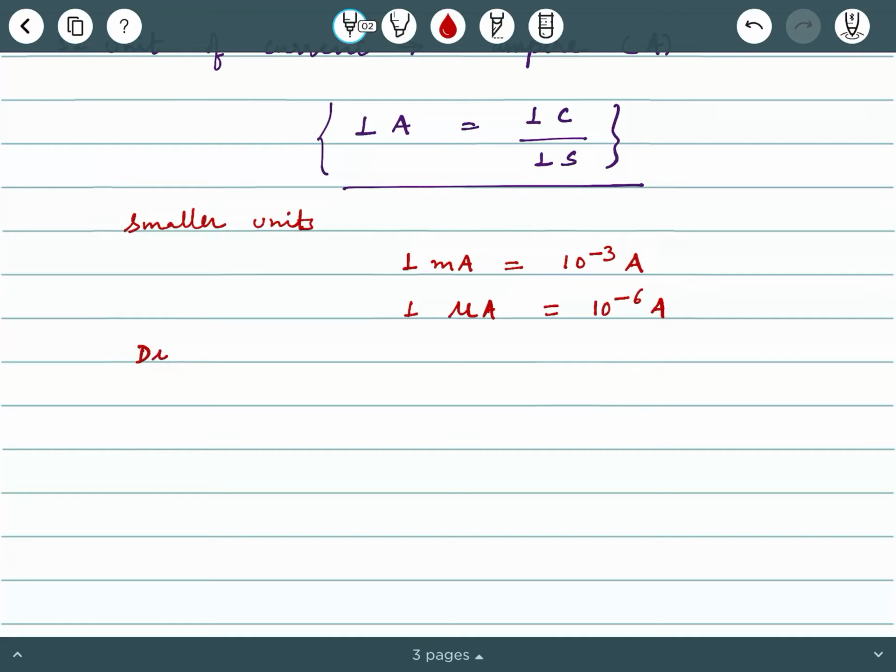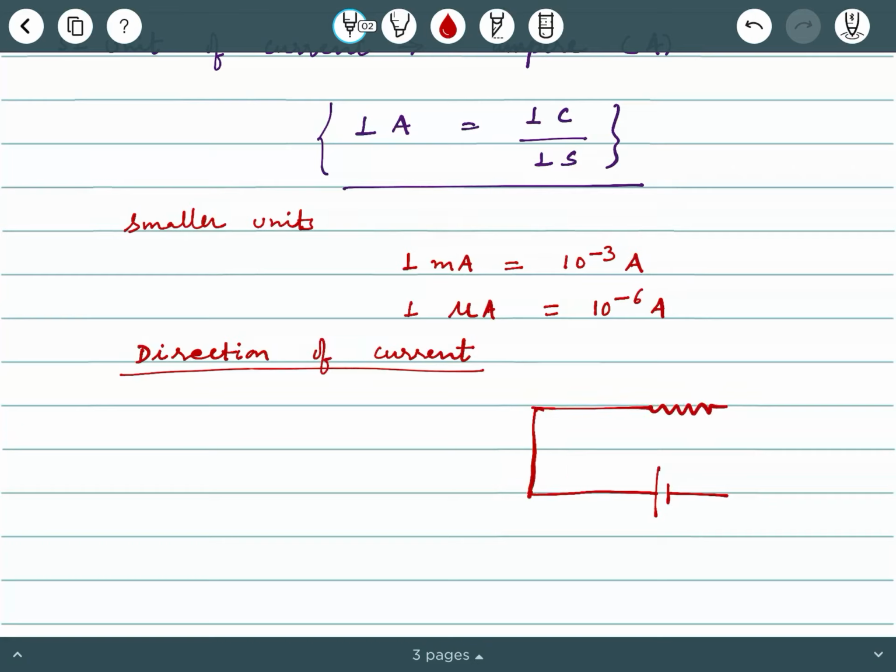Now, direction of current. So if we draw a very simple diagram, which you have seen in class 10 also. For example, this is a diagram, this is a resistor R, and this is a cell which maintains the potential difference across this resistor R. Fine.